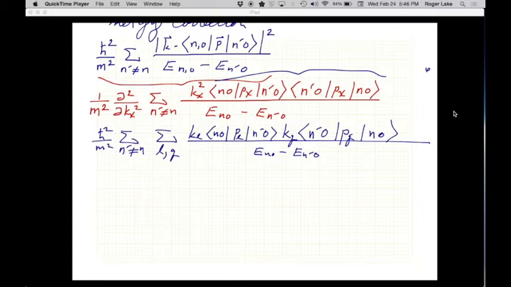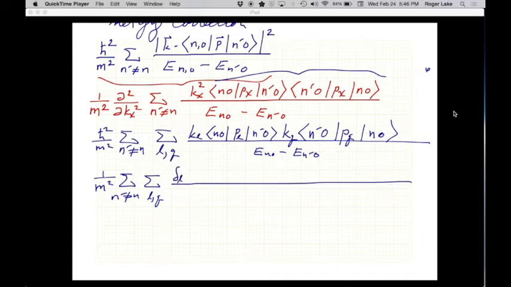And so I'm going to get 1 over m squared, sum over n prime not equal to n, sum over L and Q. Taking the derivative with respect to kx, I'm going to get delta L comma x <n0|p_x|n' 0> k_Q <n' 0|p_Q|n0>, plus, there's 2 k's in there, so this is like the first derivative.